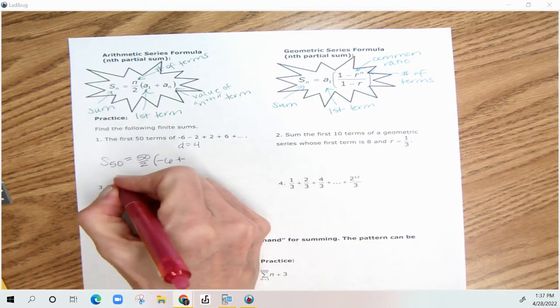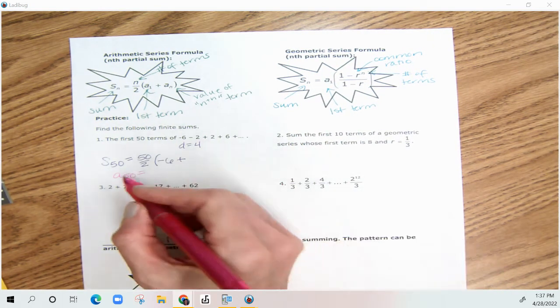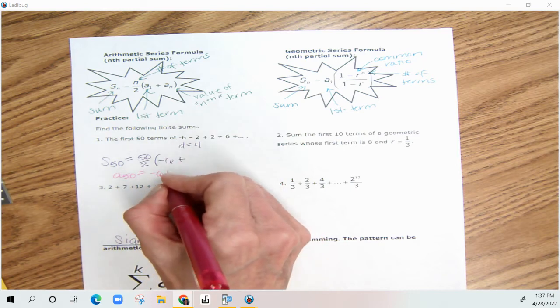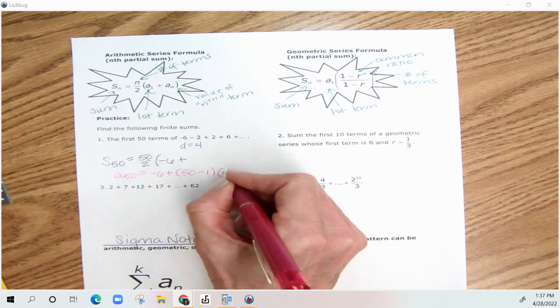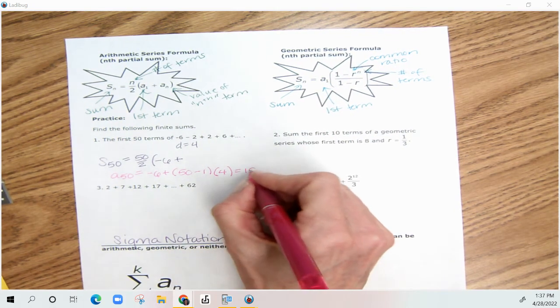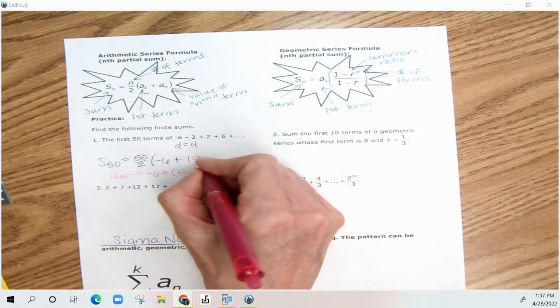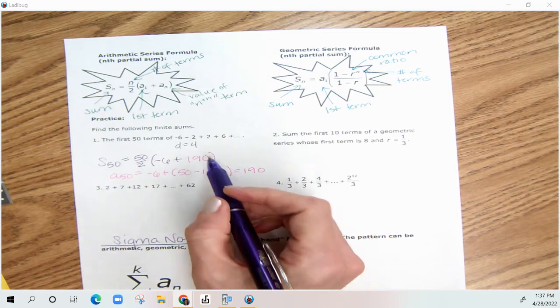So we are going to solve for the 50th term using the sequence formula. The 50th term is equal to the first term plus the number of terms minus 1 times the common difference. And then we can just quickly calculate that and get that that is 190. Then we're able to substitute that back into our series formula.